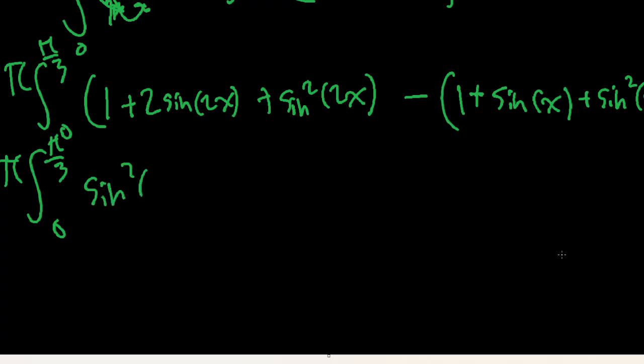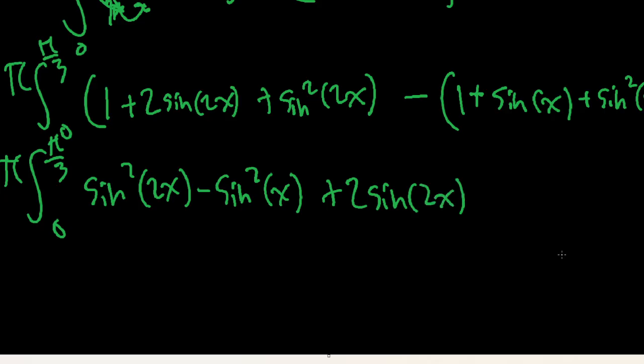Organizing this so that it's a bit easier on the eye. Sine squared 2x minus sine squared x plus 2 sine of 2x plus 2 sine of x. Oh shoot, it's not. That's another sign error to look out for. Negative.